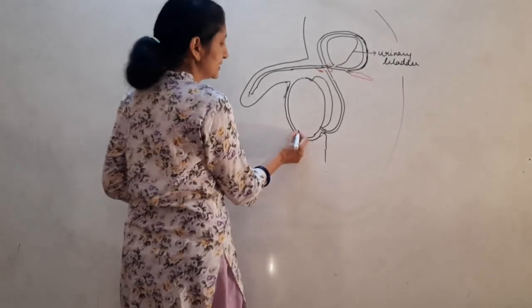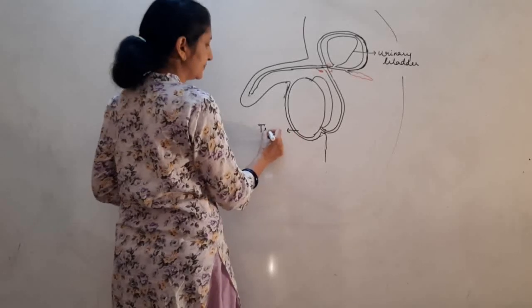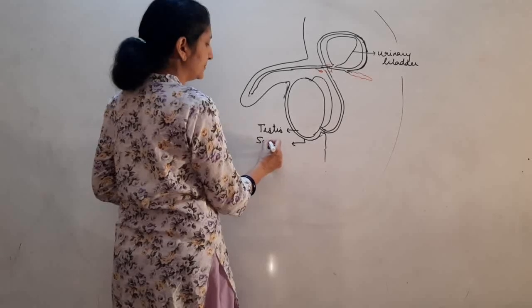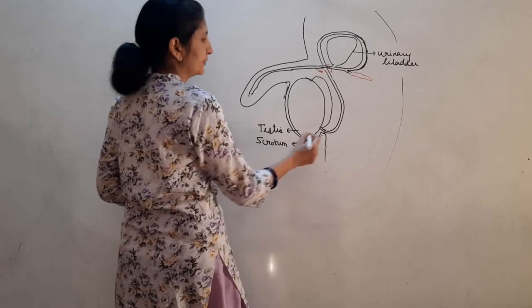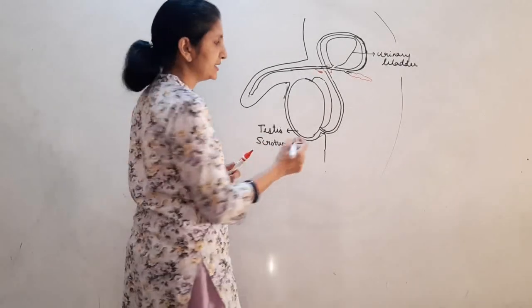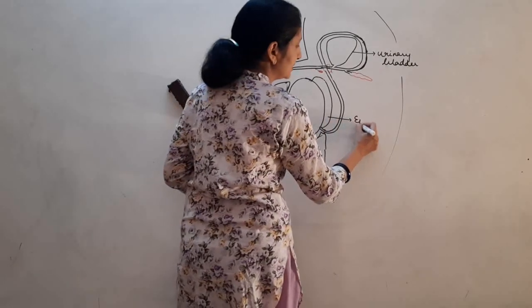उसके बाद just label this as the testis, the outer one as the scrotum. ये epididymis is not mentioned in the NCERT, yet I am drawing it.